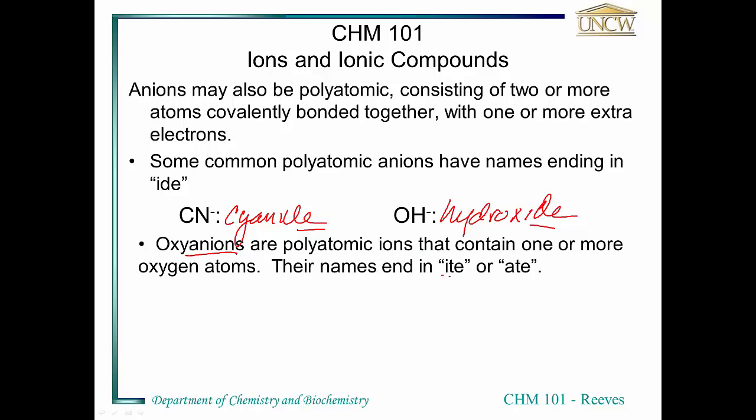Their names end in ITE or ATE, as opposed to the monatomics, which end in IDE. And that's an important distinction. So, let's take a couple of examples. CO3 2- is known as carbonate. NO3- is nitrate.